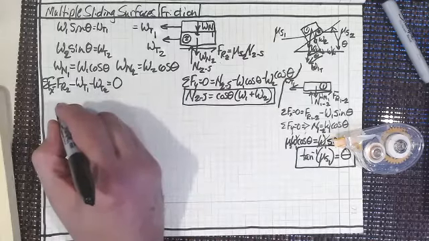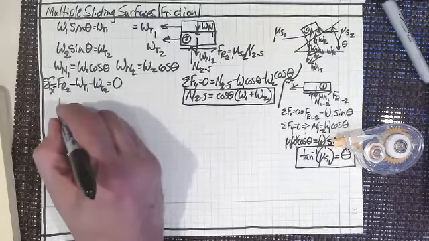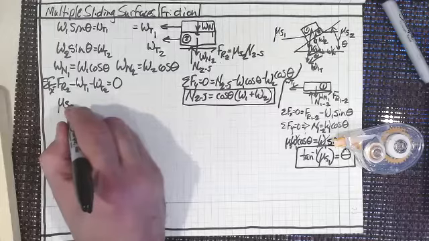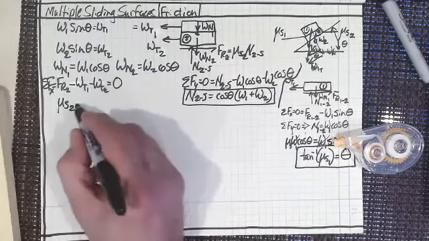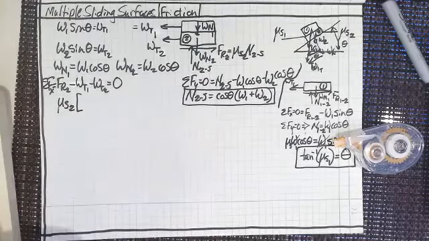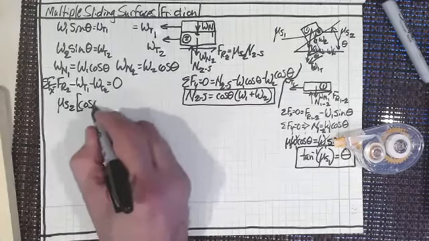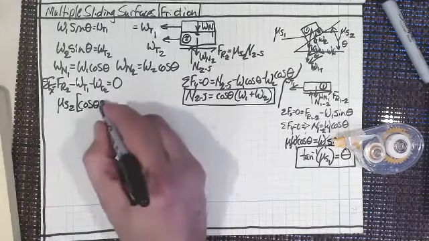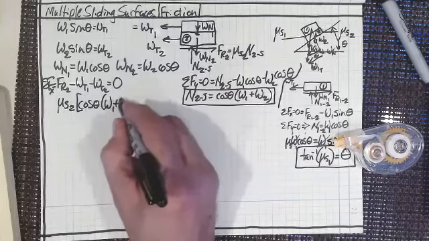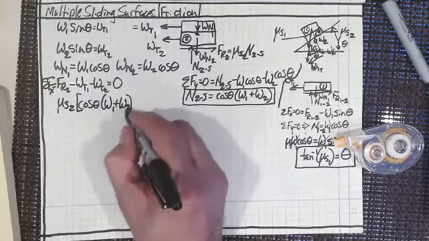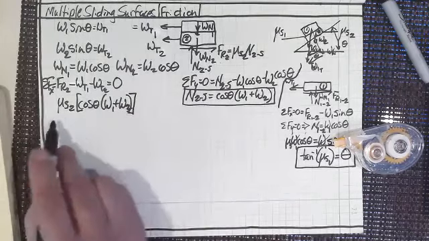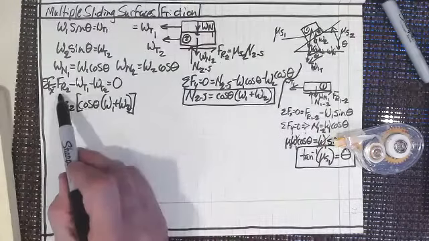We get mu sub s2 times cosine of theta times w1 plus w2, right? Because isn't that just mu sub s times that? That's just f sub r.